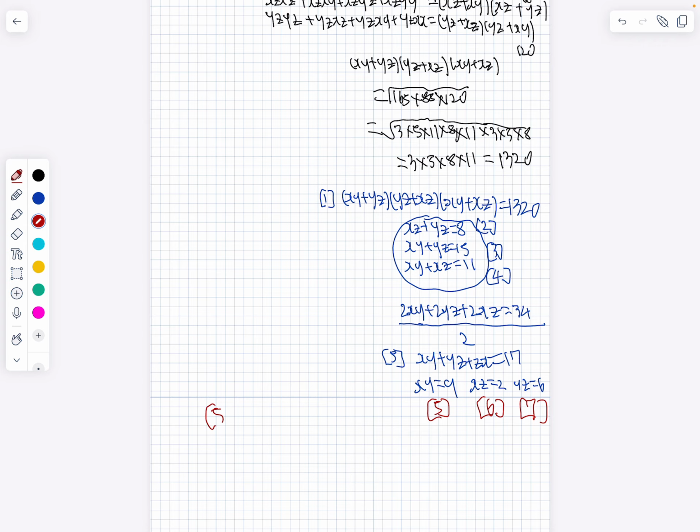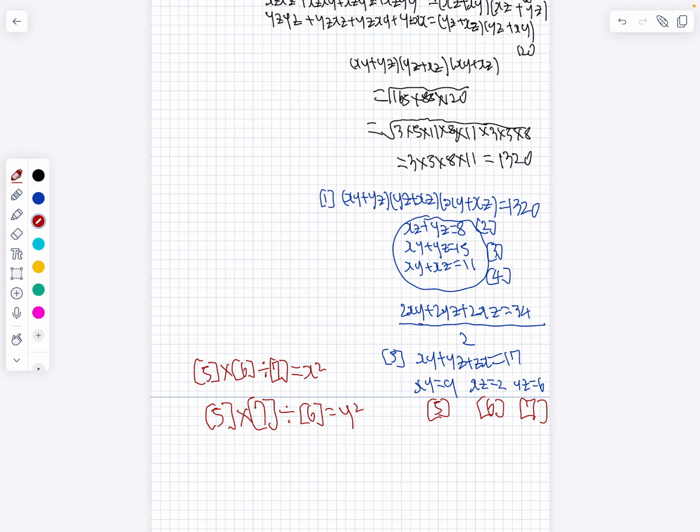If we multiply 5 by 7, and then divide this by 6, the remaining value will be y squared. And then if we multiply 5 by 6, and then divide this by 7, the remaining value would be x squared.